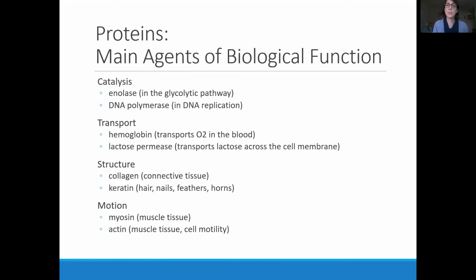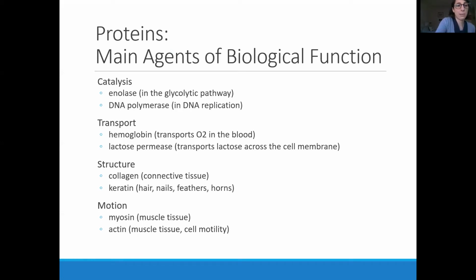So proteins in general are one of the main agents of our biological function. They are going to be carrying out most of the biology and chemistry within living organisms. They have a variety of roles. For example, catalysis, they help to quicken a chemical reaction.